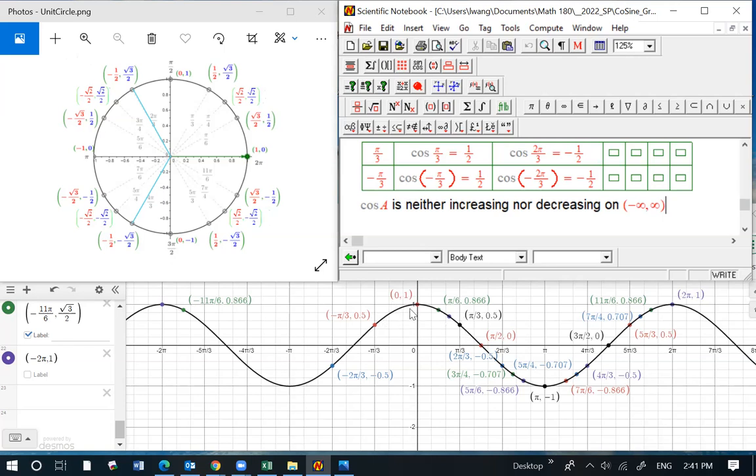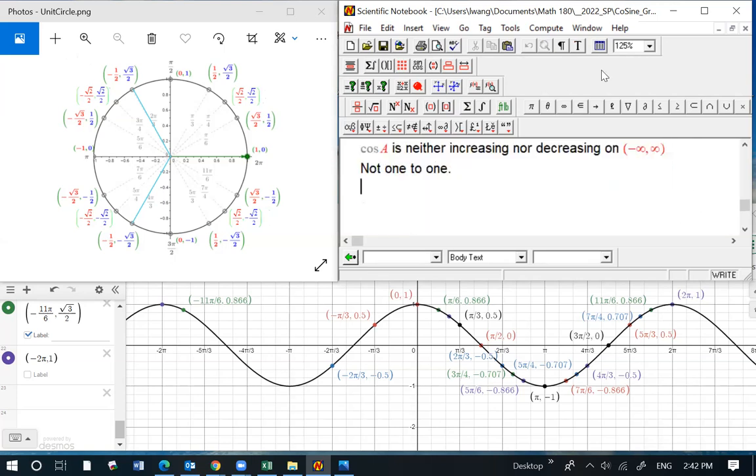That violates the definition of 1-to-1, because 1-to-1 requires any pair of different inputs to produce different outputs. We certainly have violated that. So cosine is not 1-to-1. We apply these definitions, but we also know that the cosine function is even.